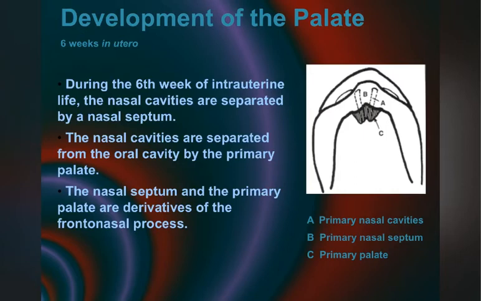So the primary palate forms during week 6 of intrauterine life. And as we explained, the primary palate is derived from the medial nasal process. The nasal septum and the primary palate are derivatives of the frontonasal process, specifically from the medial nasal process.